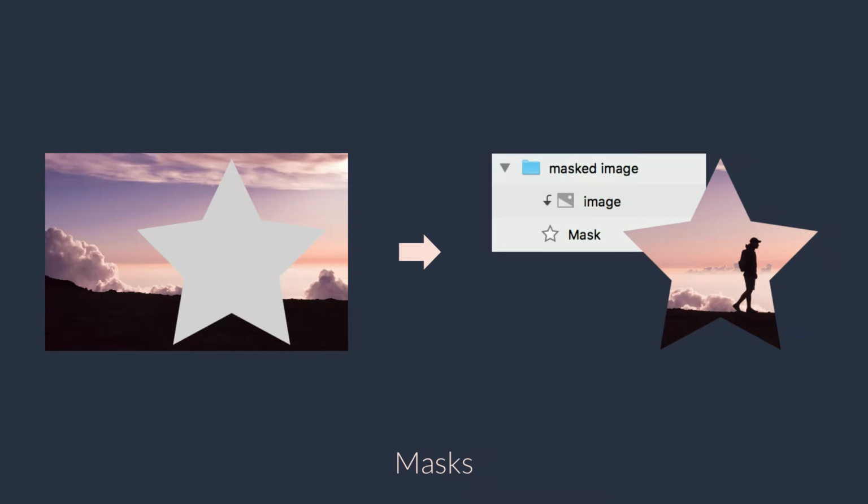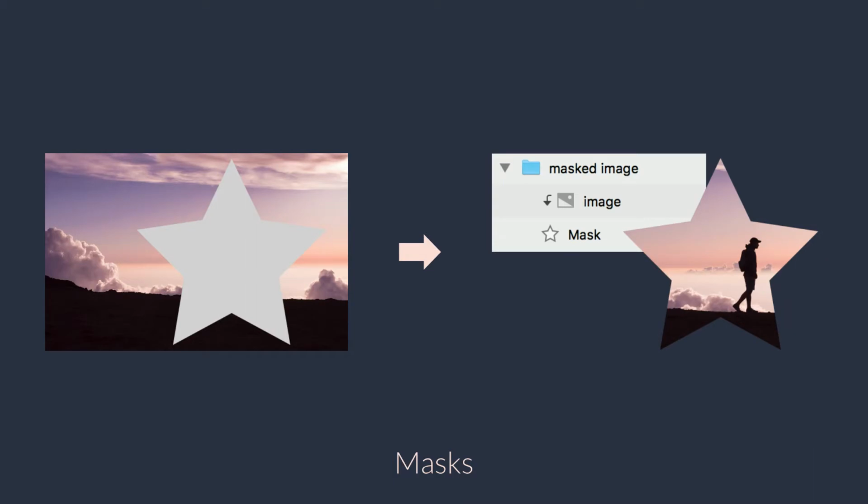Now, if you're getting designs from a designer, you might encounter something that is called a mask. What a mask is, if you take a shape and an image, or maybe two shapes, and you combine them so that one of them hides everything around that shape.